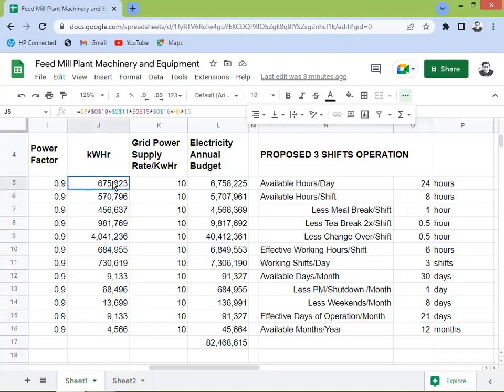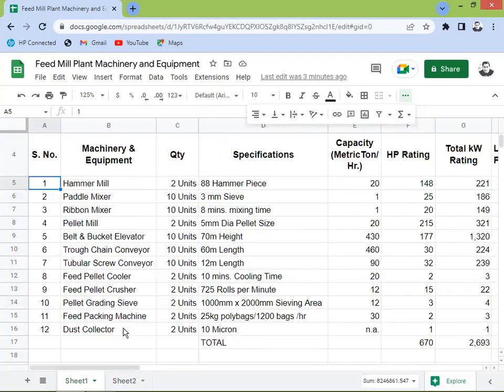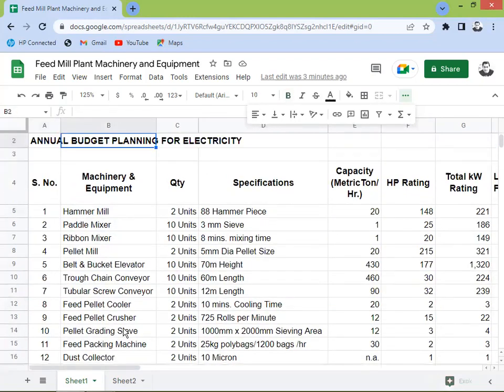This includes in the equation the period. This can be useful not only for the annual budget planning for electricity, but it is also very useful for a feasibility study. If you are doing a feasibility study, you want to put up a new manufacturing plant.